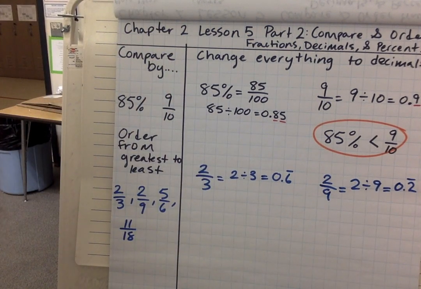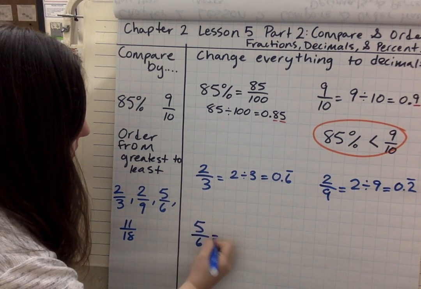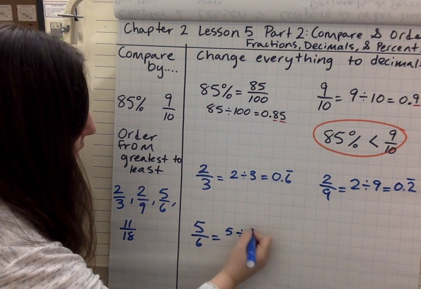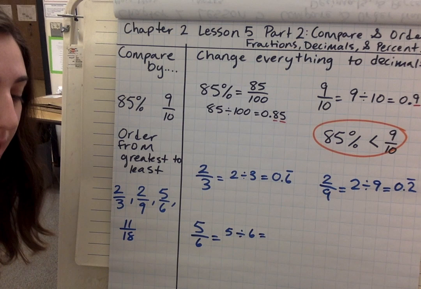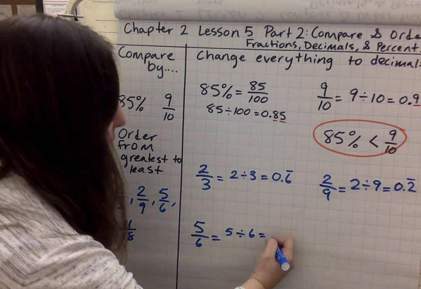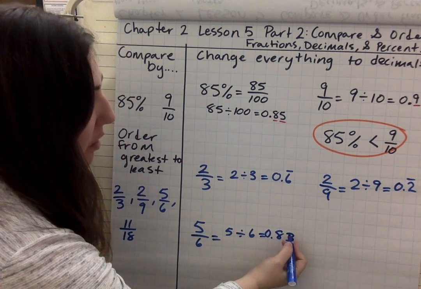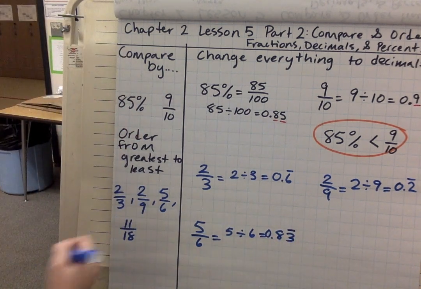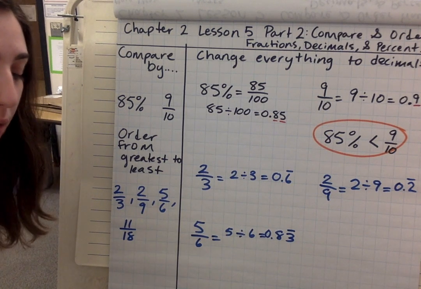Okay, next one is going to be 5/6. 5 divided by 6 in our calculator, and we'll get the decimal 0.83, and the 3 is repeating, so I'm going to remember to put a bar at the top of the 3 to tell me the 3 keeps on repeating.